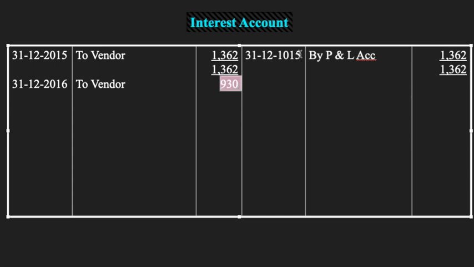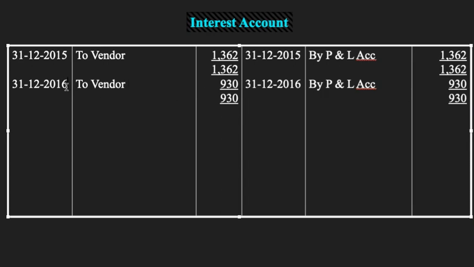So we are going to write down the same here, 31st 12 2016 by profit and loss account. How much are we going to write down here? We are going to take down the same value, that is 930, and make a record here, and now we are going to close it, right? So this will be by profit and loss account 930.